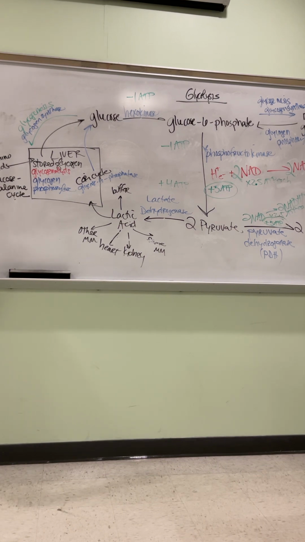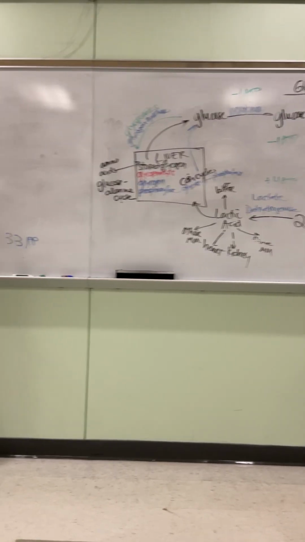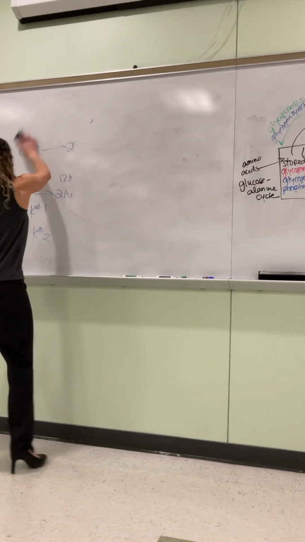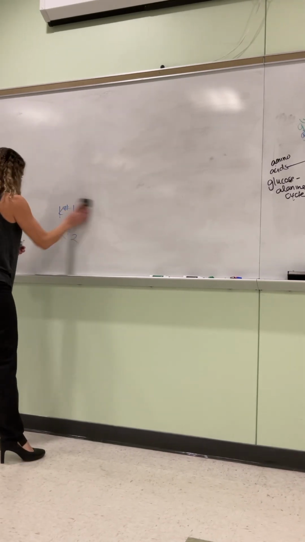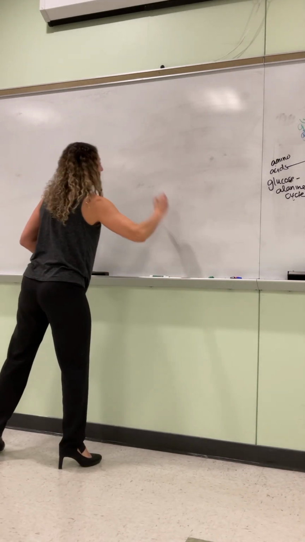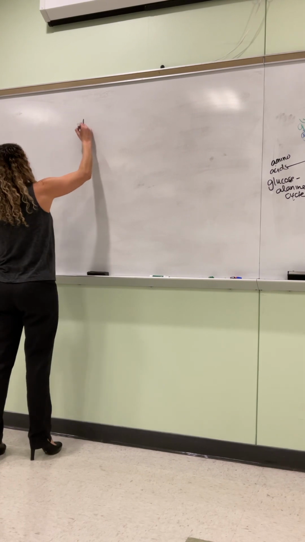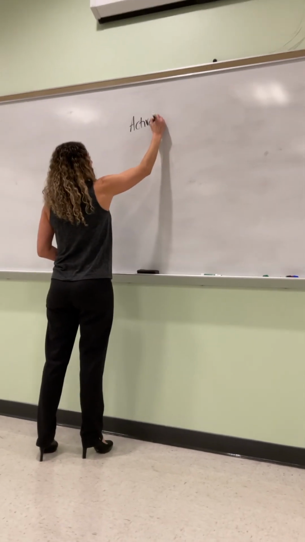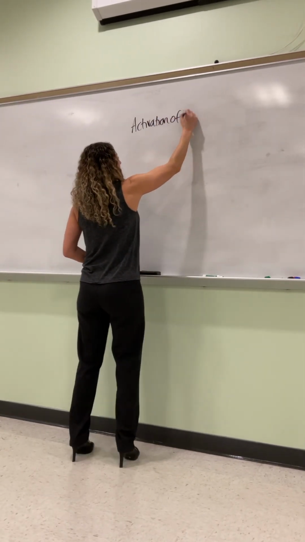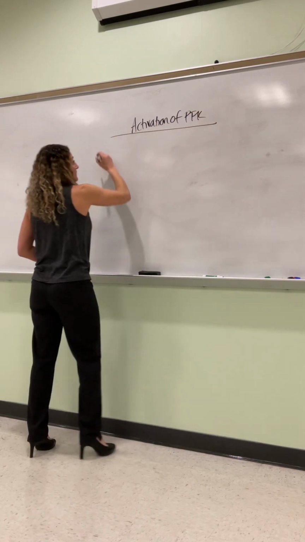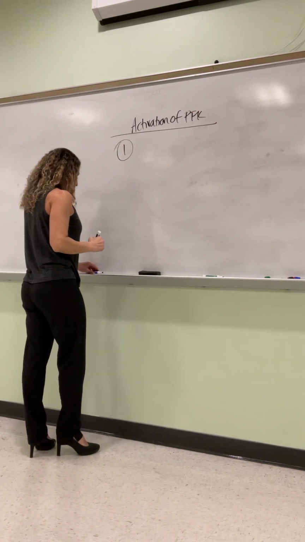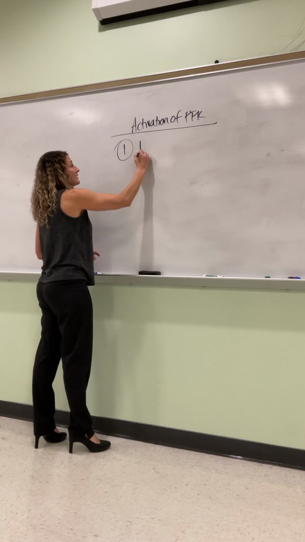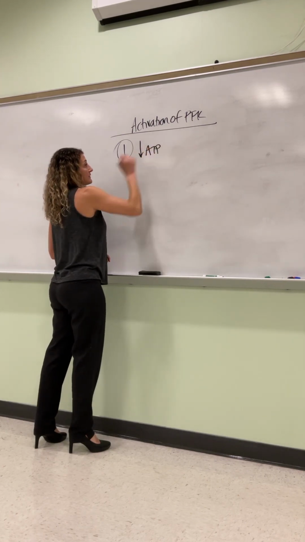Now I need to tell you what is happening that's activating the PFK. I'm going to give you 3 things that are activating PFK. One thing that's happening to activate PFK is decreased levels of ATP.